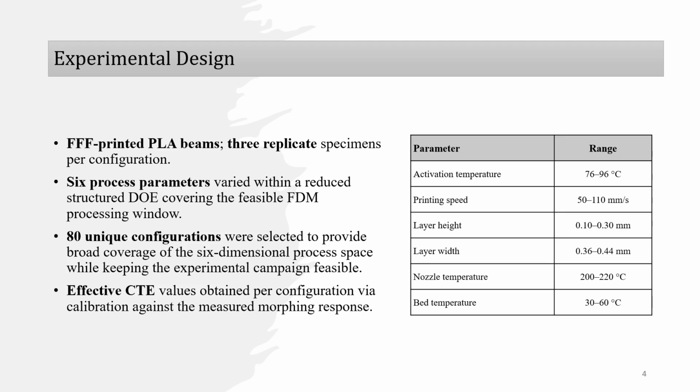This provided broad coverage of the six-dimensional process space while keeping the experimental campaign manageable. For each configuration, effective CTE values were obtained through calibration against the measured morphing response.